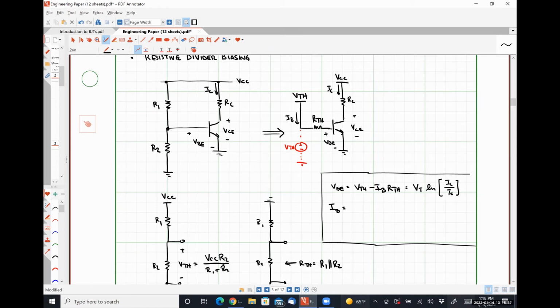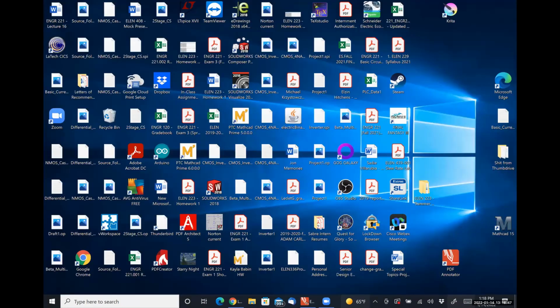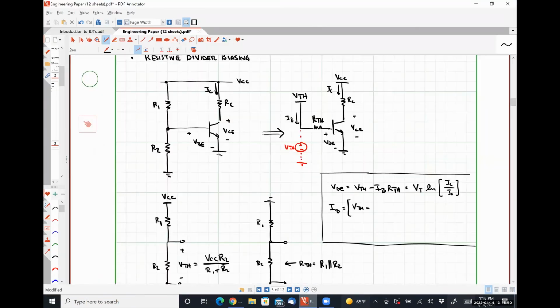From this, IB is VTH minus VT natural log of IC over IS, all multiplied by a factor of 1 over RTH.